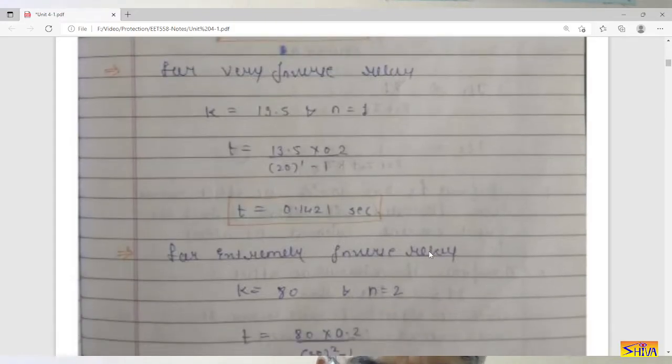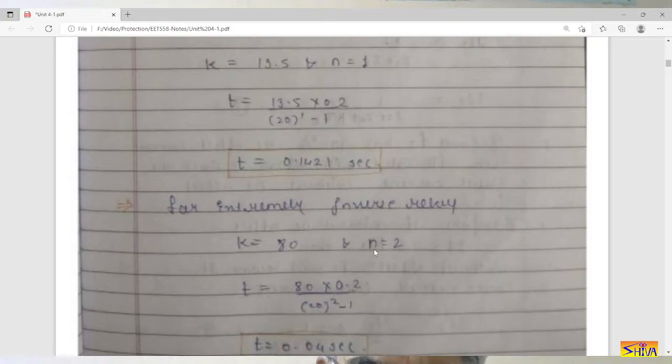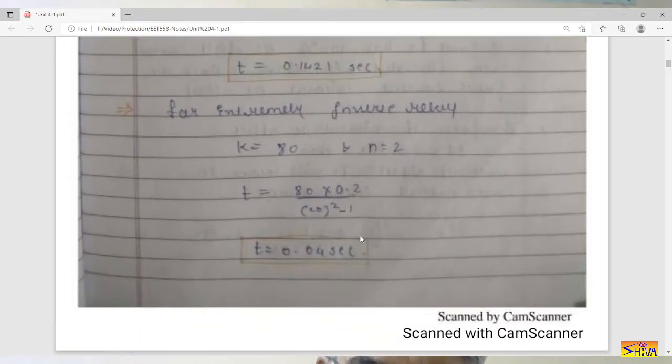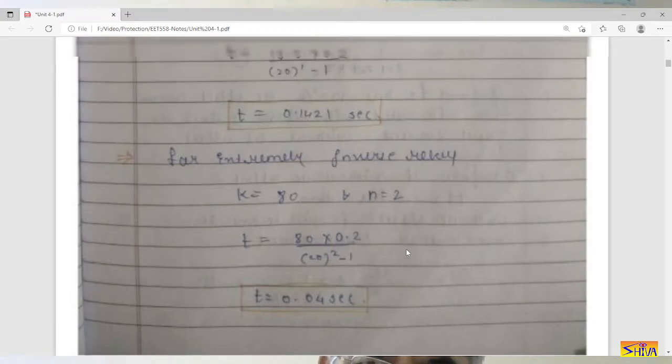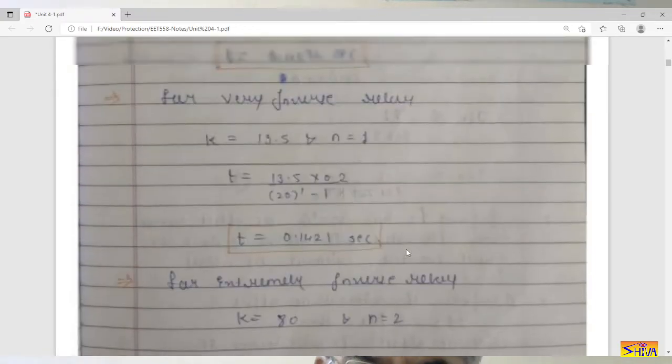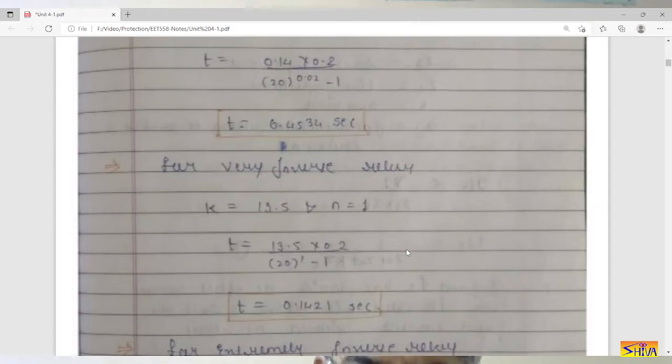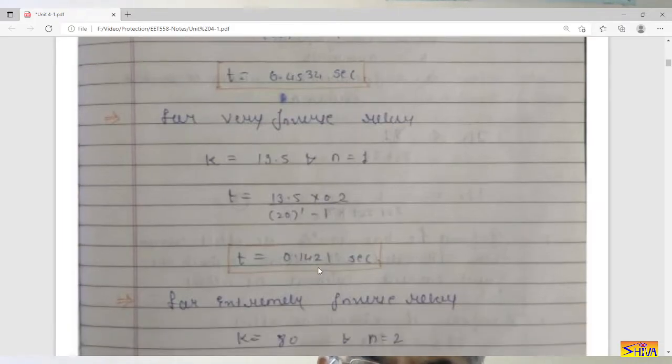For extremely inverse relay, K is 80 and n is 2. So substitute these values: 80 into 0.2, divided by 20, that is plug setting multiplier, to the power 2 minus 1. It is coming 0.4 second. So now you can compare the operating time for different relay characteristics. For IDMT, it is 0.45 seconds. For very inverse, it has reduced to 0.14 seconds.